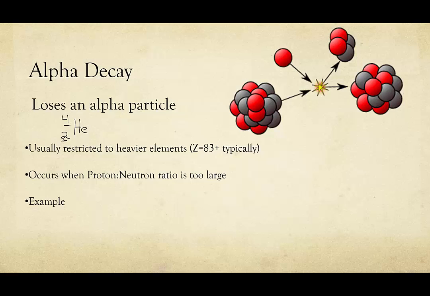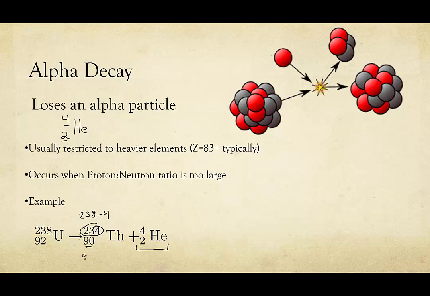Let's look at an example. If we take uranium-238, something that typically undergoes alpha decay, and we look at what is left over after we remove a helium, we'll see that there must be 234 as our mass number. We get this from 238 minus 4, and there must be 90 as its protons.